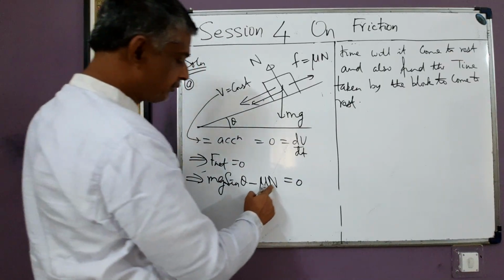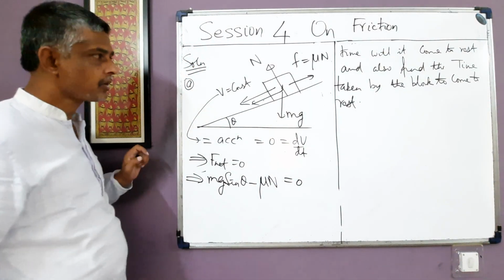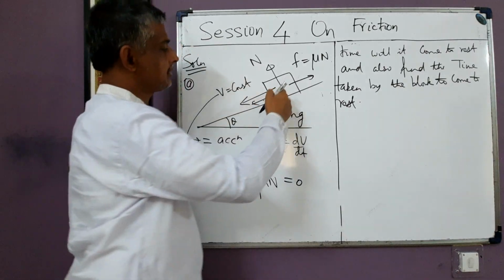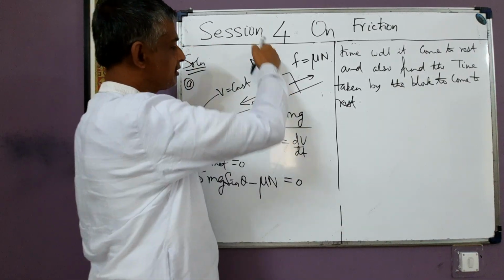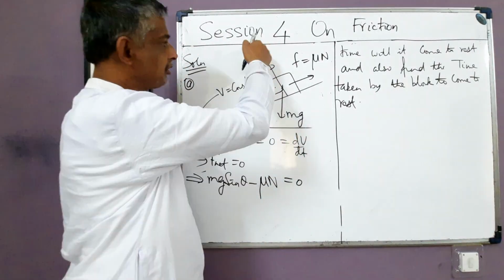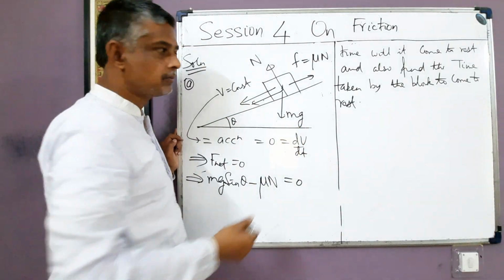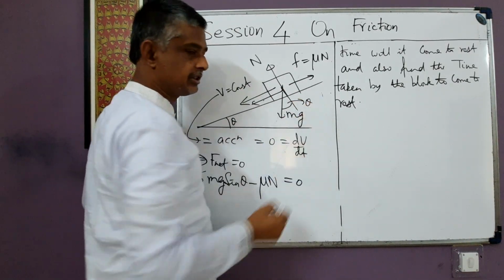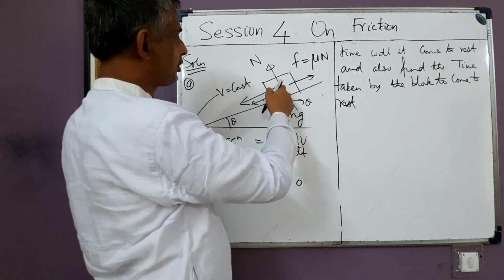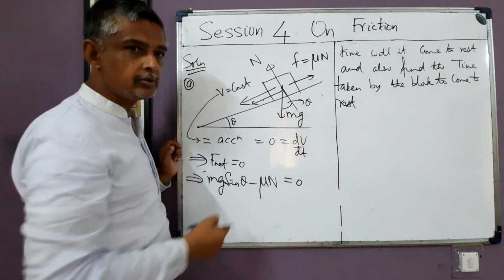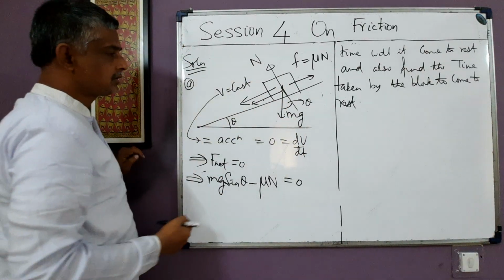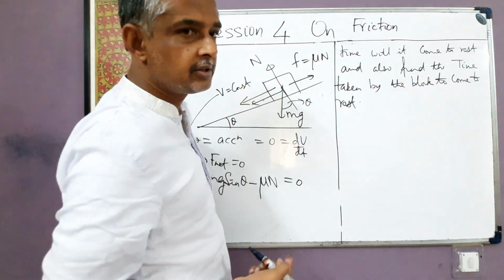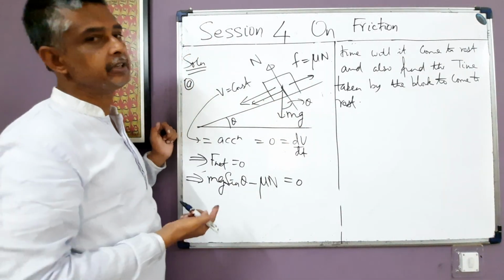Now to find mu, we must know the value of N. This block has 0 acceleration in this direction, so along this direction also the net force on the block is 0. This angle is theta, so this angle also is theta. The net force on the block along the normal to the incline is also 0 because the acceleration of the block is 0. So the net force on the block is 0 in any direction.